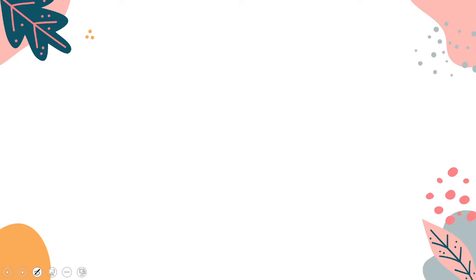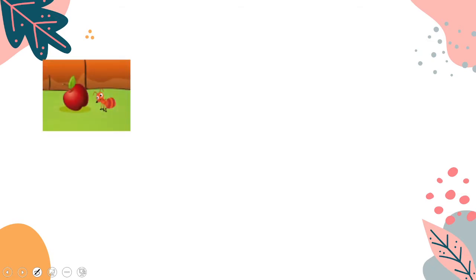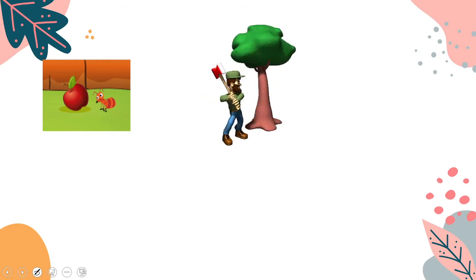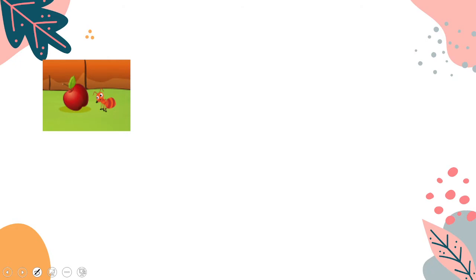So we did a story and now I'm going to retell that story once again. The story was, one day an ant went into the woods to find some food. The ant was very hungry. While walking, she found an apple fallen on the ground.